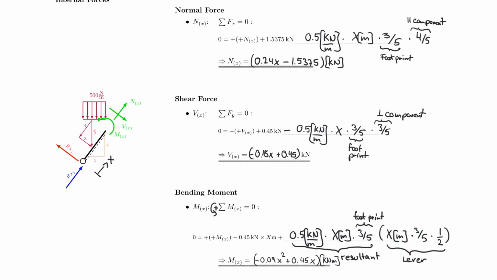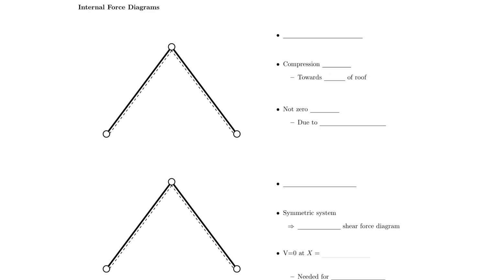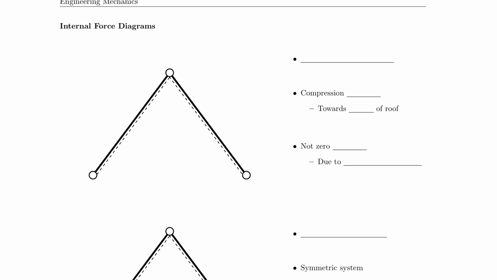So that concludes our equations, and we can now move on to drawing the internal force diagrams. So what I will do next is I will just bring over my equations. So for the normal force equation, I used N of x being equal to 0.24x minus 1.5375, if I'm not mistaken.